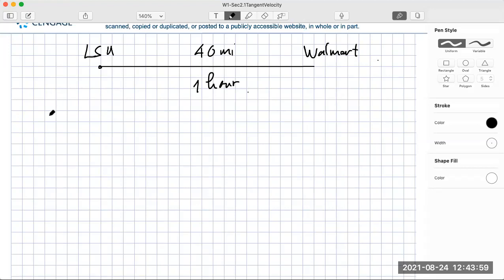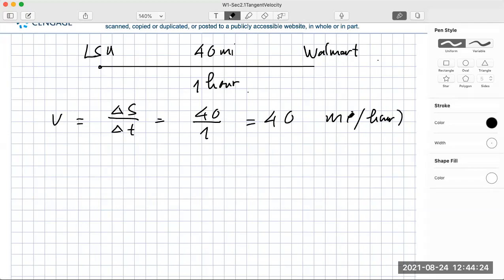So what is the velocity of your driving? It will be delta S, the distance, over delta T. In this case, the distance from LSU to Walmart will be 40, and the time is 1 hour. Therefore, it is 40 miles per hour. Right, the unit.